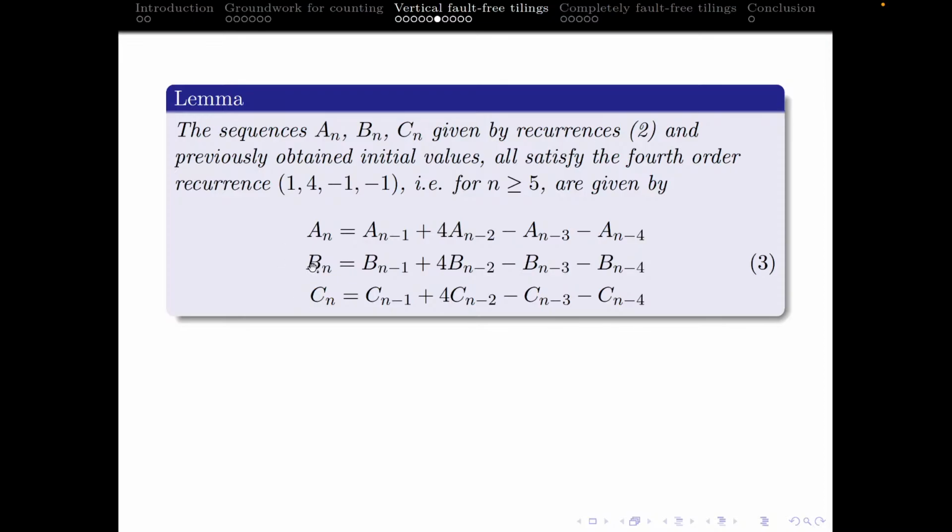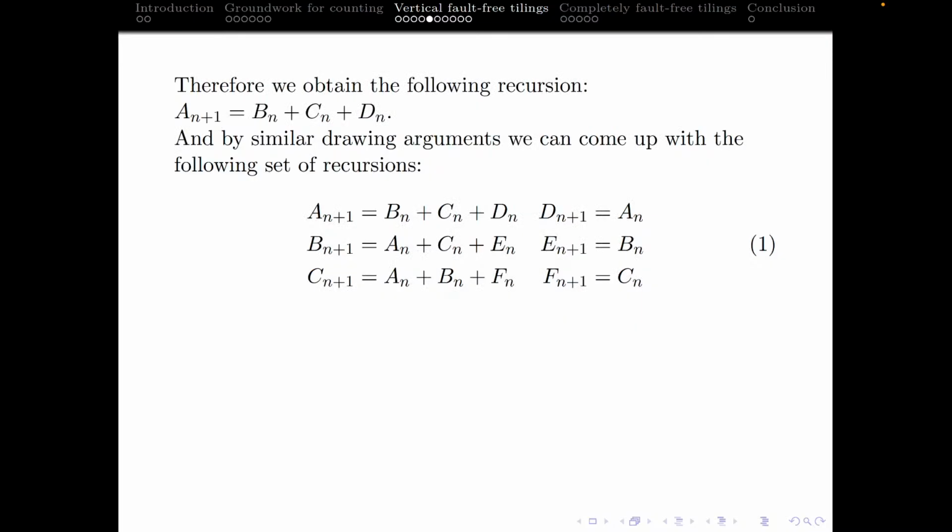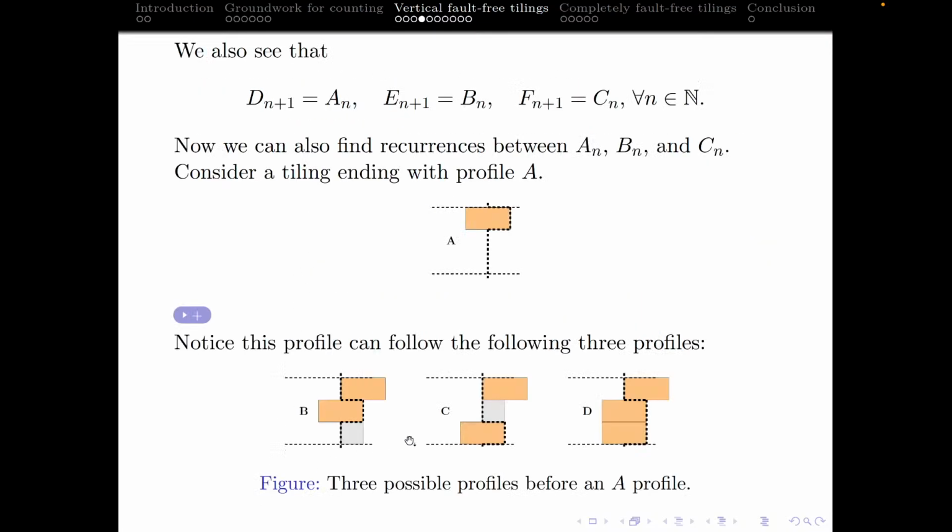It takes a bit more imagination and geometric argument to see that bn should also follow the same recursion, and that is because it is one of the more important things that we have done in our method. We have not at all looked at what is going on in the beginning of the tiling. So we have completely ignored how the tiling starts. We only look at how the tiling ends and what is going on near the end of the overhangs.